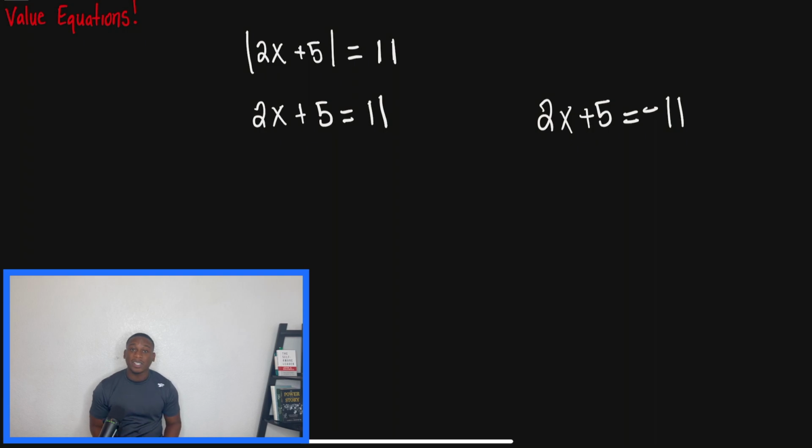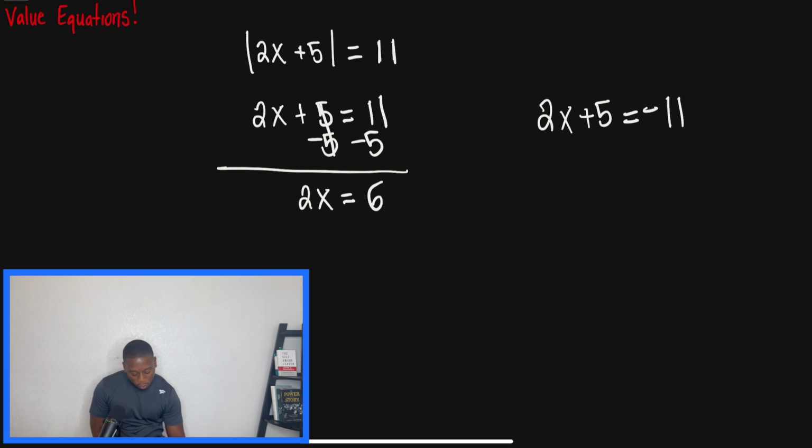So after we set up both of the equations, now we just want to solve like a regular equation. In my first one, I'm going to subtract 5 from both sides, and that will leave us with 2x is equal to 6. And then once we divide by 2, we're going to get x is equal to positive 3.